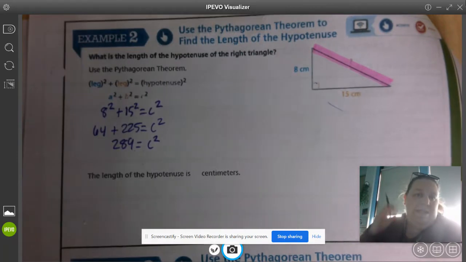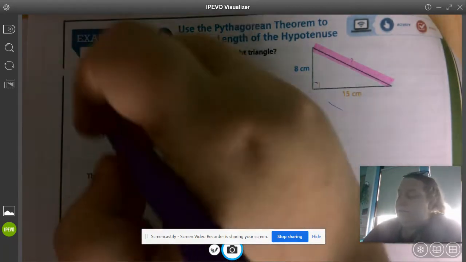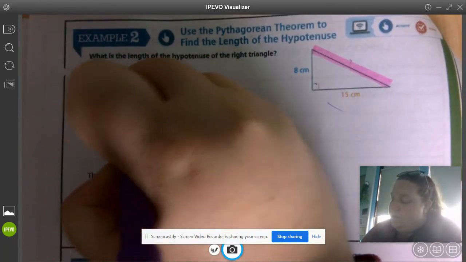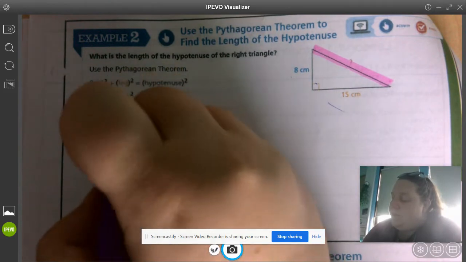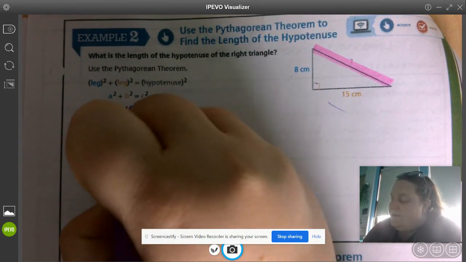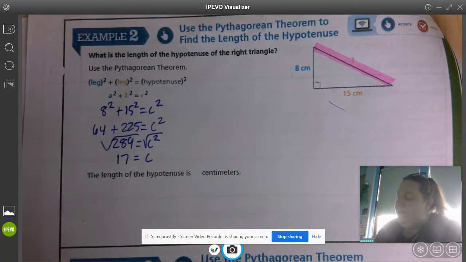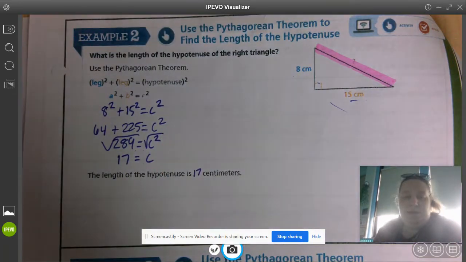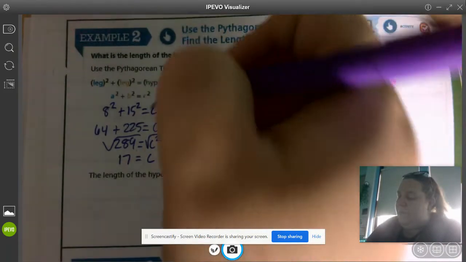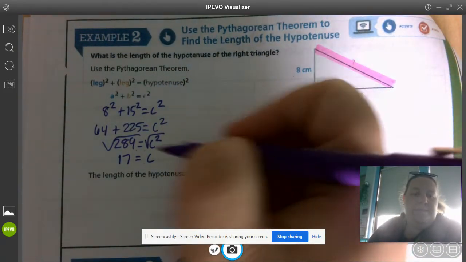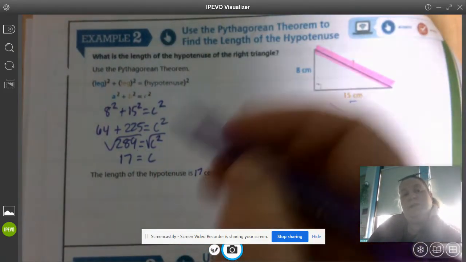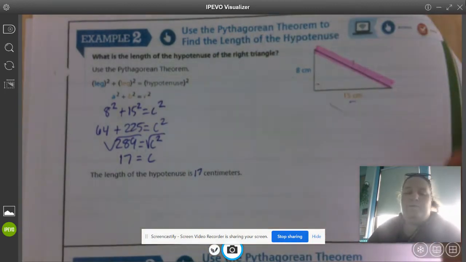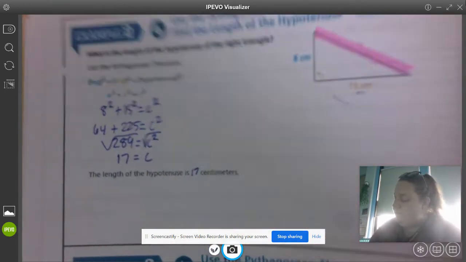So we need to use the inverse of squaring a number, which is to take the square root. When I do that, the square root of 289 is 17, gives me C, and it's centimeters, so this is 17 centimeters, okay? So notice my work is all lined up. It's easy to follow, starting with the formula, okay?